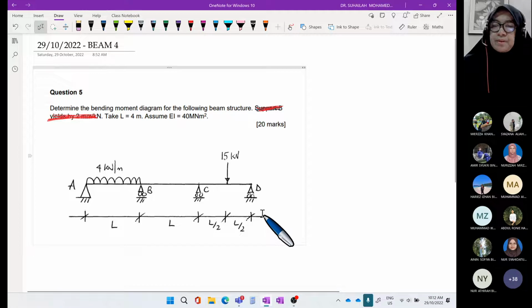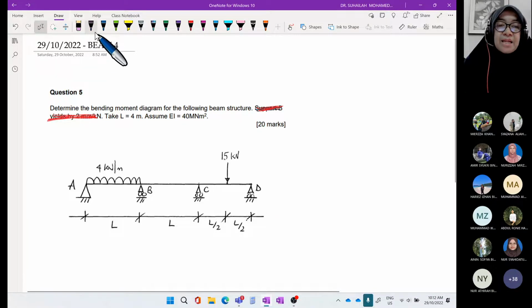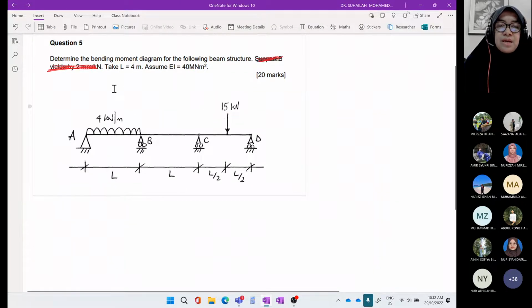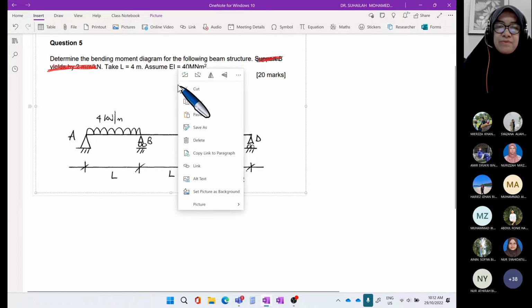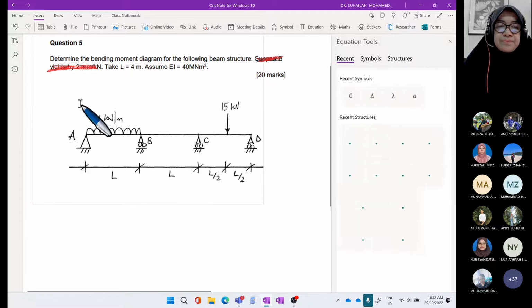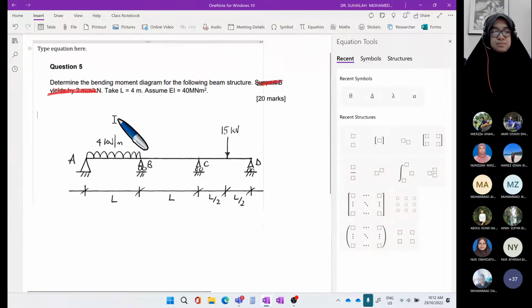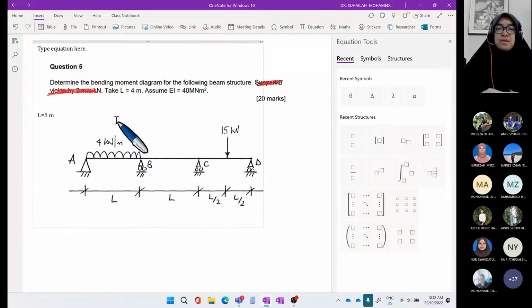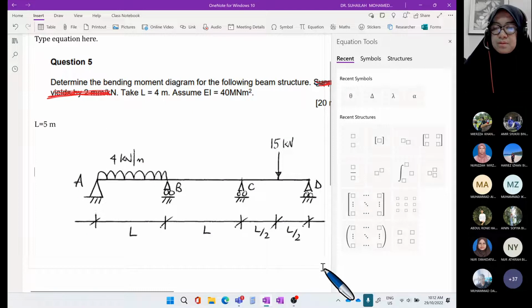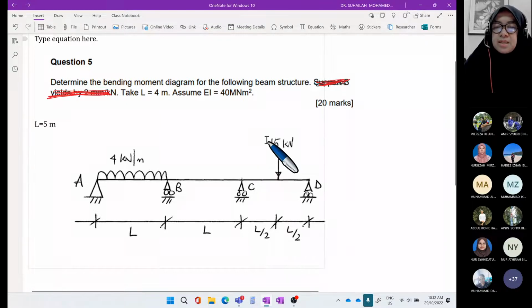Let's say L is 5. L is equal to 5 meter.